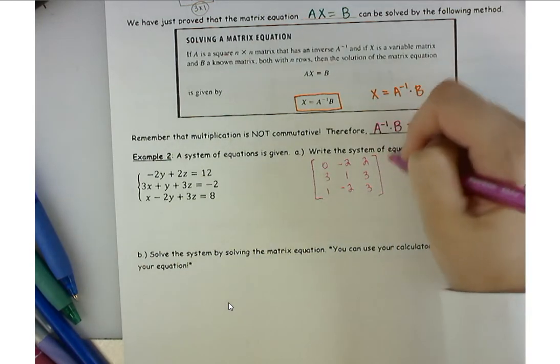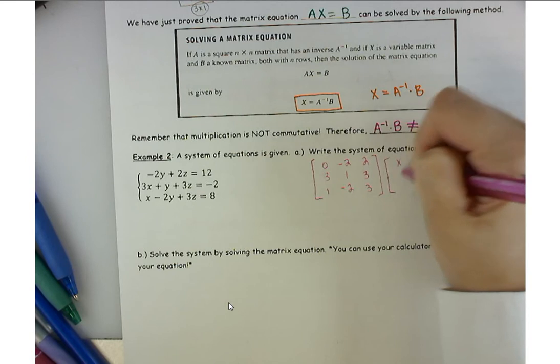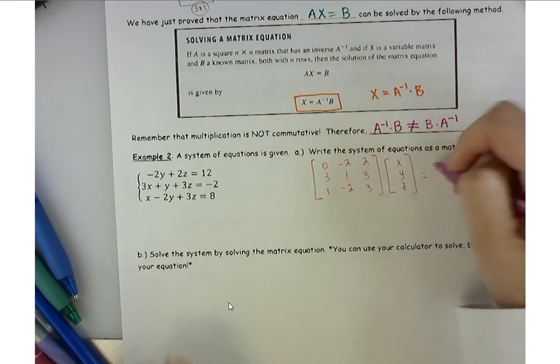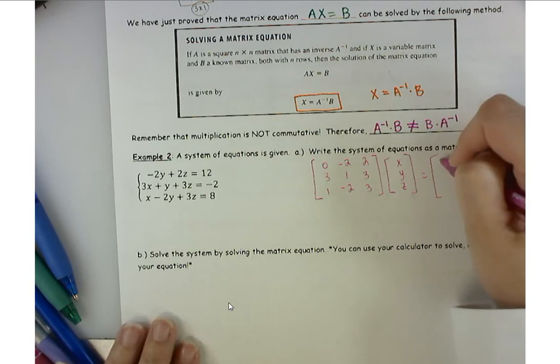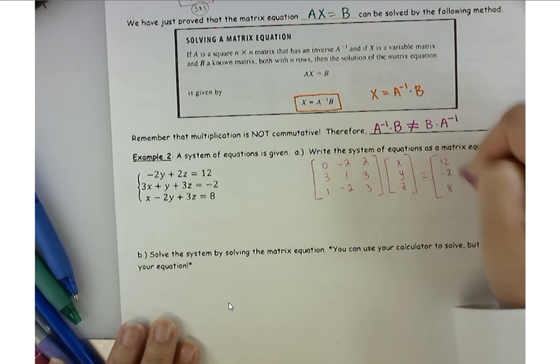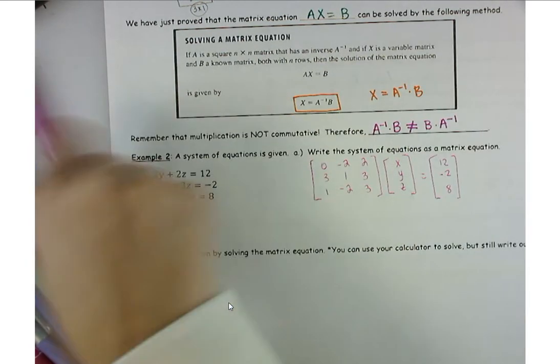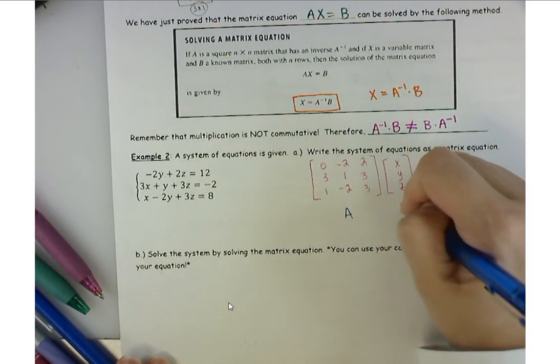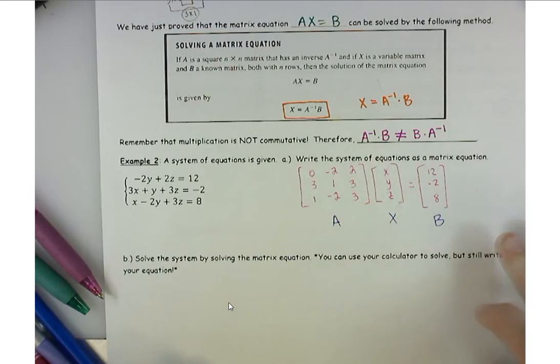Okay, and then that's going to be multiplied by x, y, z. And then that's going to be equal to the constants 12, negative 2, 8.